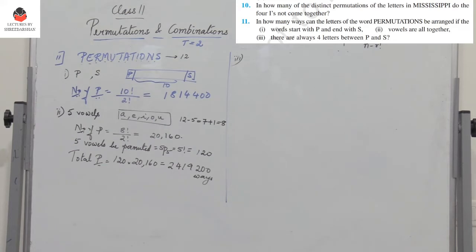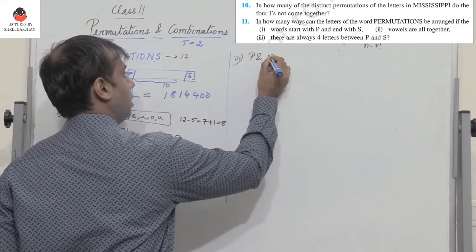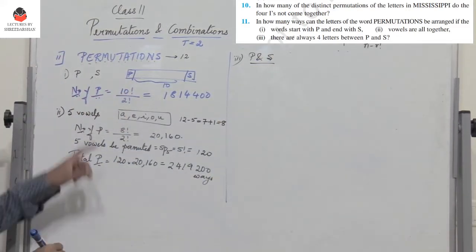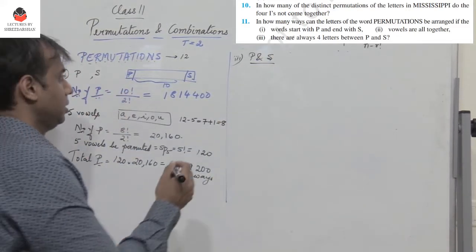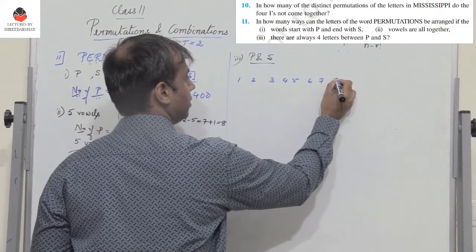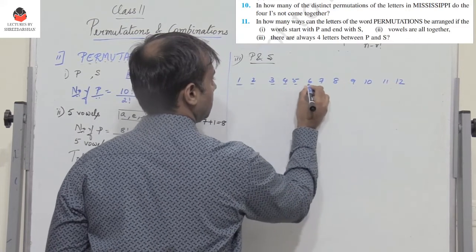Part 3, there are always 4 letters between P and S. So P and S, between them you have 4 letters. How many letters are there? There are 12 letters. So let me write the positions 1, 2, 3, 4, 5, 6, 7, 8, 9, 10, 11 and 12. So there are 12 positions.